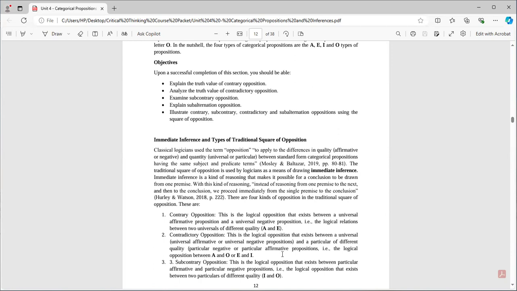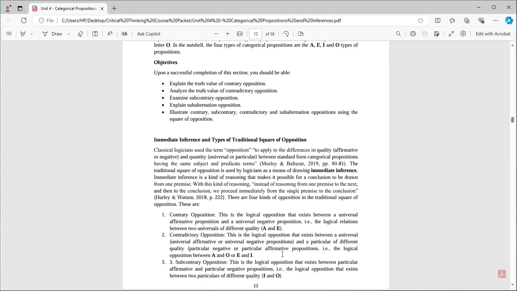So immediate inference will only have two statements or propositions: one is a premise or the evidence, the other is the conclusion.